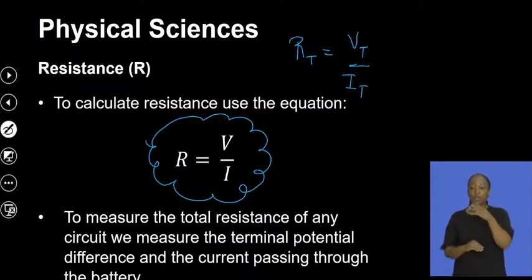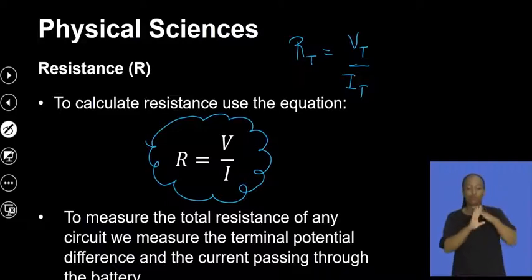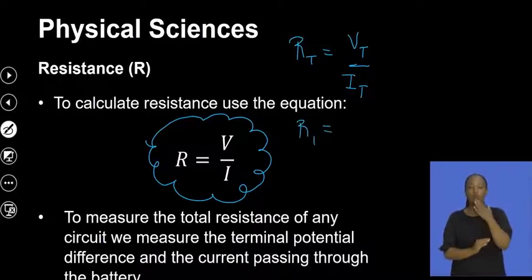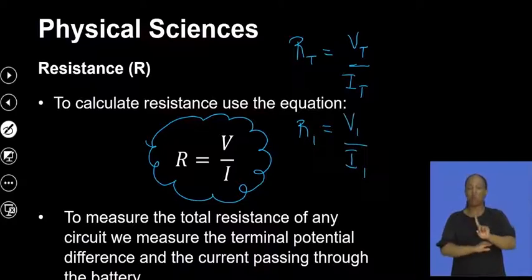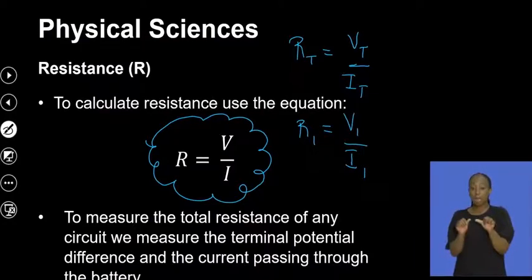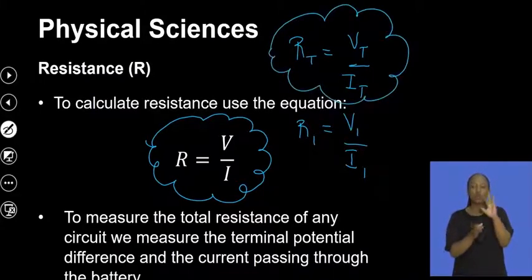The notation will vary. Suppose we want to determine the resistance through a resistor R1. We'll say R1 is equal to the potential difference across R1 divided by the current that goes through R1. It's just the notation that you need to take note of. So to measure total resistance, we need to measure the terminal potential difference and the total current through the battery.